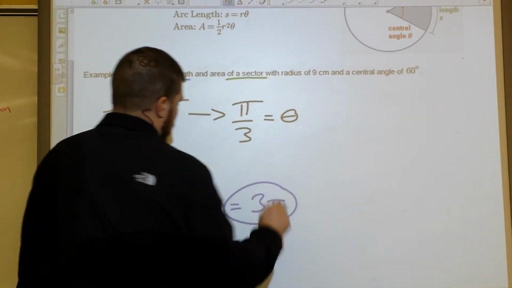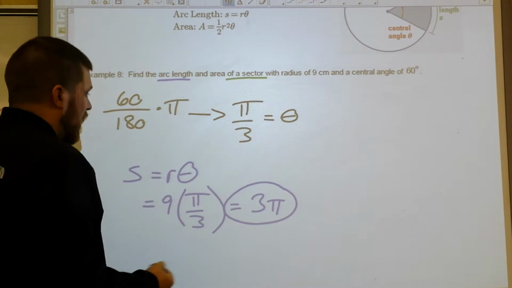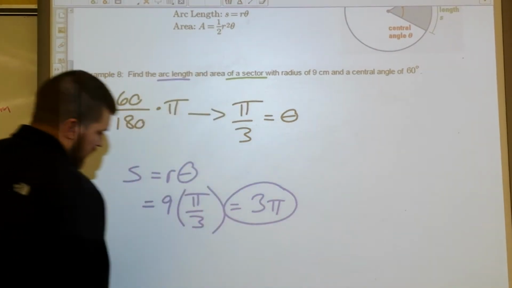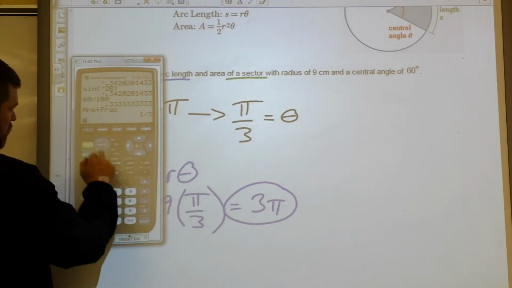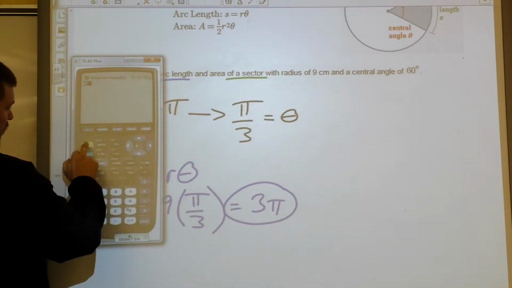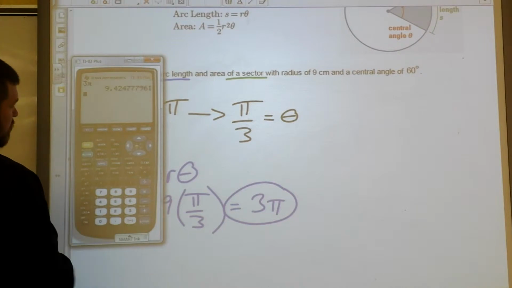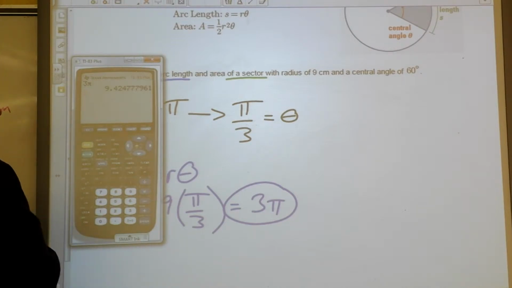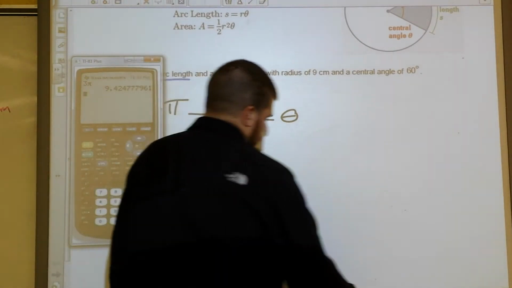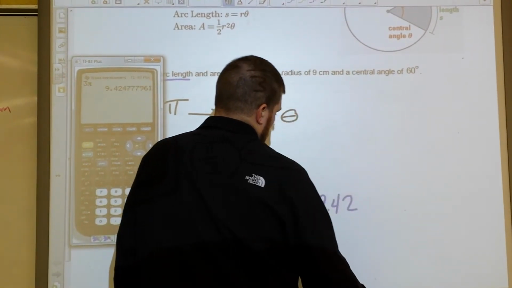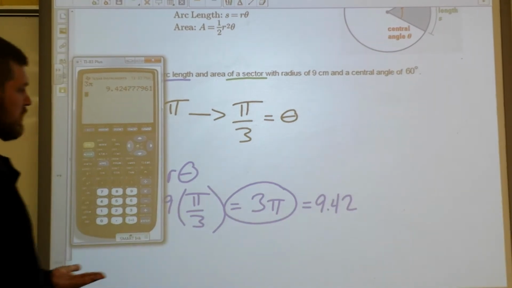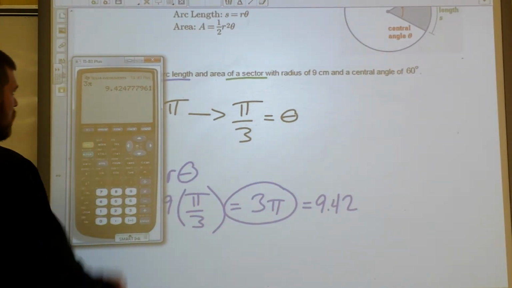Now, this is the exact answer. That's the perfect answer. I could also round this using my calculator. So 3 pi is 9.42. That's rounded, so it's not the best answer, but it's going to be close.